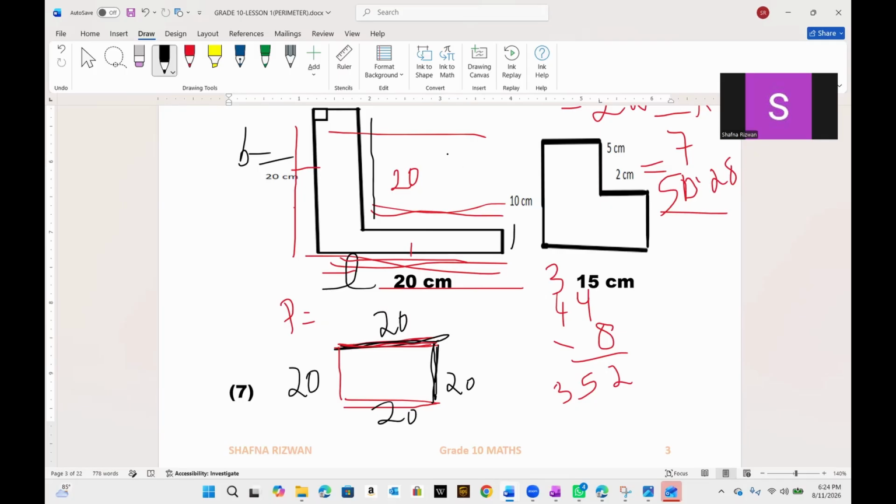Then what's the formula you can use for this square? All are 20, no? You can say 20 multiplied by how many sides do you have? 1, 2, 3, 4. 4. Then 20 into 4 is how much? 80 centimeter is your answer. Did you all understand? I'll give you all time.